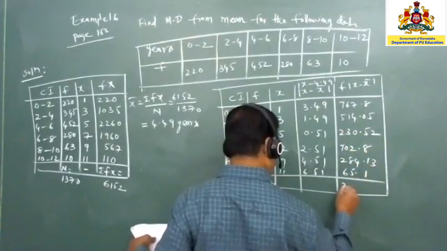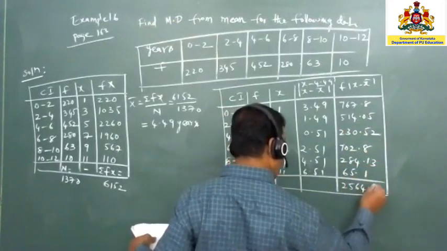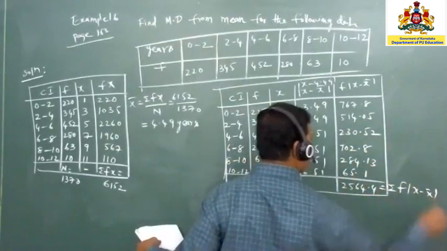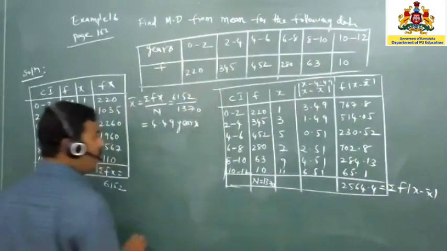The total is 2564.4. It is the summation f into modulus of x minus x bar, and the n value is there.